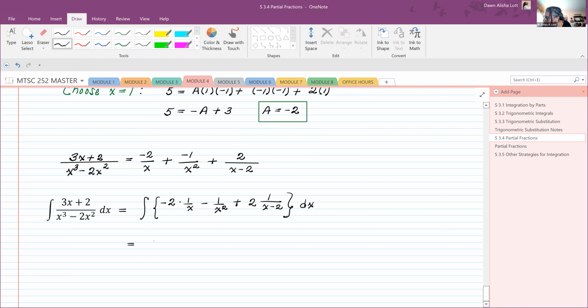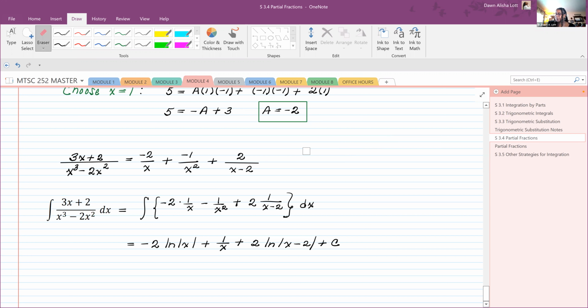So I'm going to get -2 times the natural log of the absolute value of x. When I integrate -1 over x squared, that's integrating -x to the -2. That's going to give me a positive 1 over x. And then I'm going to get plus 2 times the natural log of x minus 2, plus a constant.